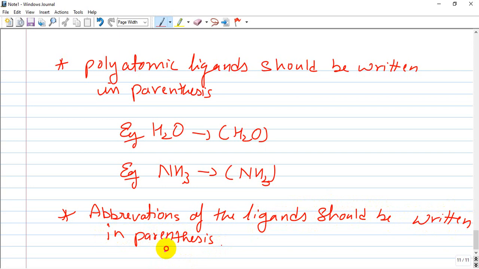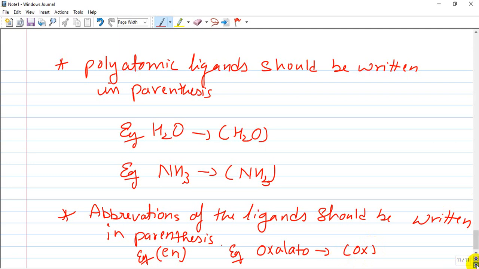For example, ethylene diamine, I represent with en, so whenever you are writing, you have to write in a small bracket. Similarly, another example, oxalato, when you are writing as ox is the abbreviation. So whenever we are using abbreviation in coordination sphere, we have to use small brackets.